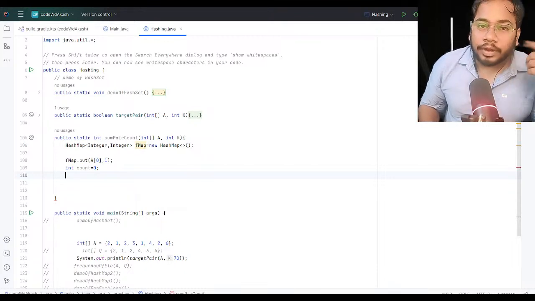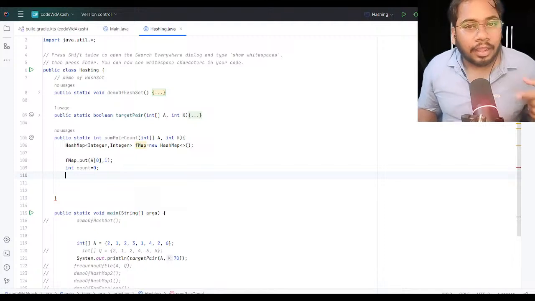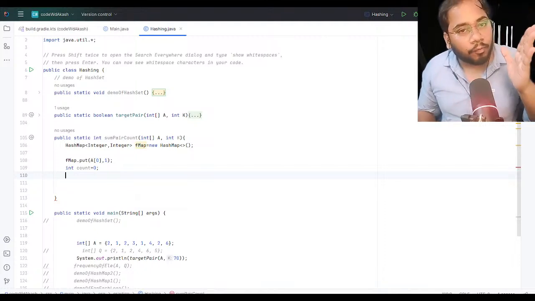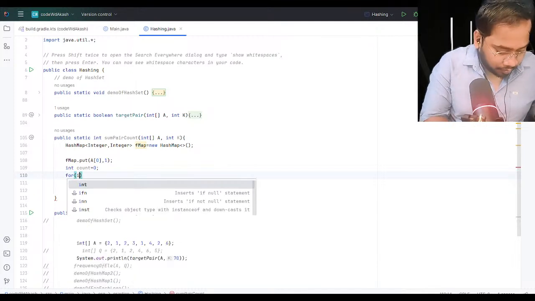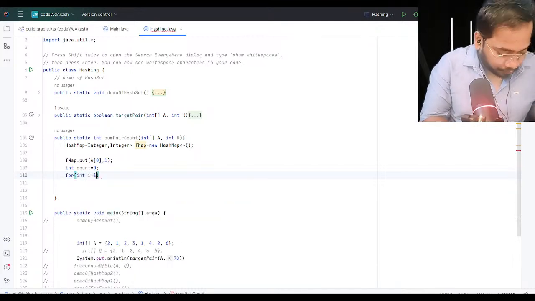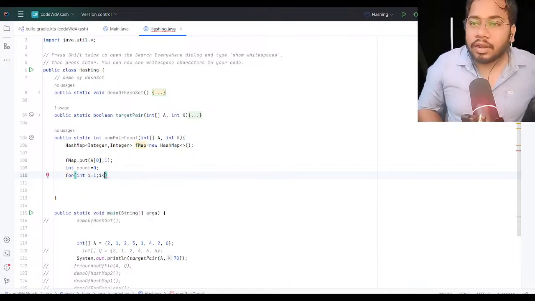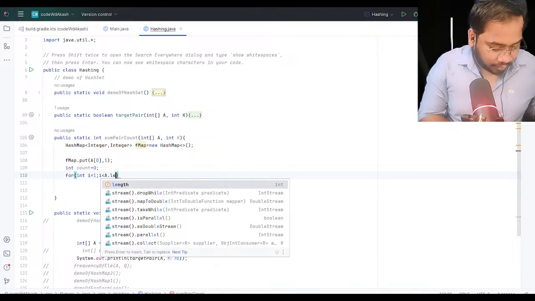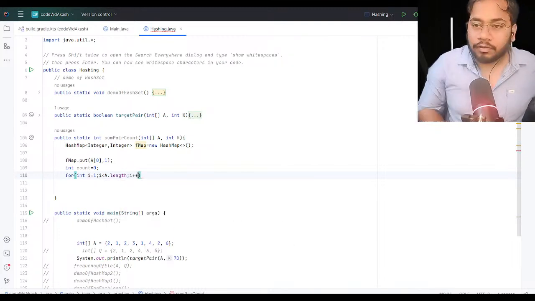Now we have to iterate in the array from 1 to the next element. So we will have for i less than name of the array a dot length, i plus plus.